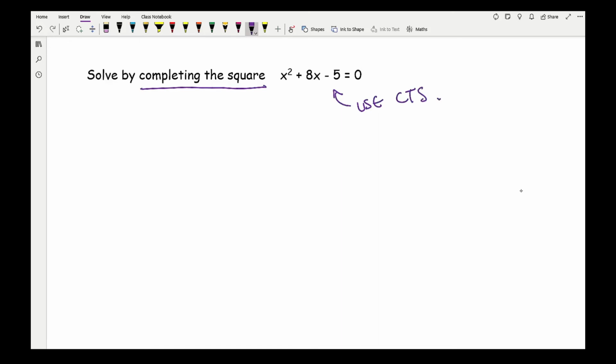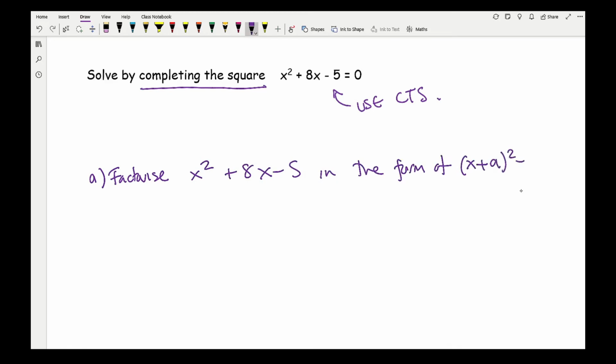Now, as mentioned in the description of the methods of solving quadratics, a question might ask you to factorize x squared plus 8x minus 5 in the form of x plus a squared plus b.